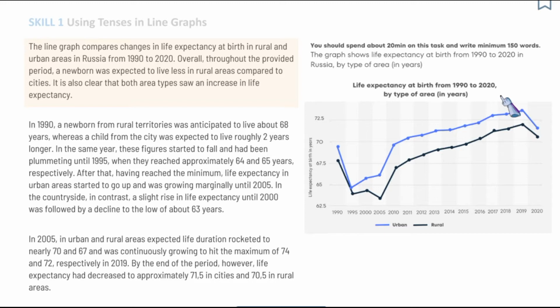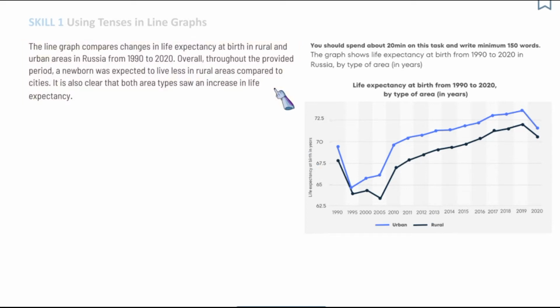Now on the screen you can see a report, and we will talk about it in detail, starting with the first paragraph, the introduction. The introduction in an IELTS report is always two parts: paraphrase and overview. What is the function of paraphrase?